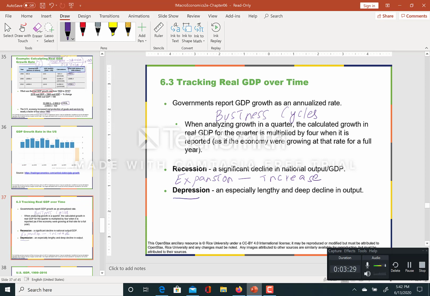Depression is an especially lengthy period of decrease in output. For example, we had the Great Depression of 1929. A recession example is from 2008, when the production in the economy went down. Another example of a recession is basically right now, the GDP is going down.